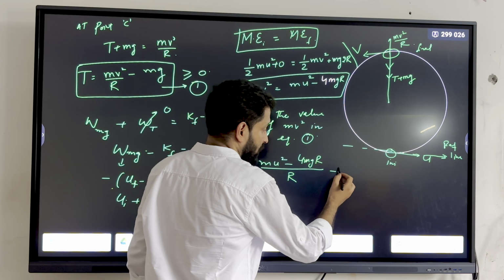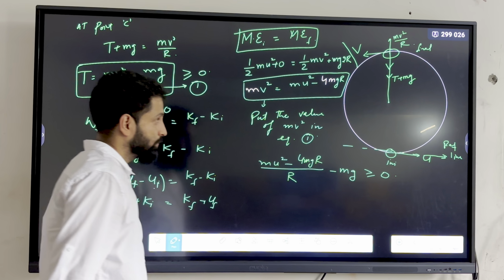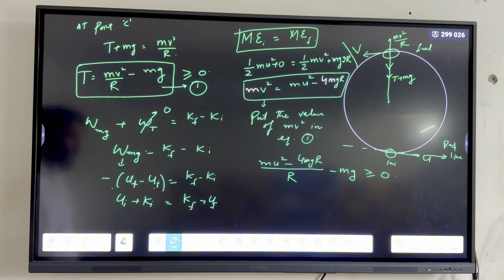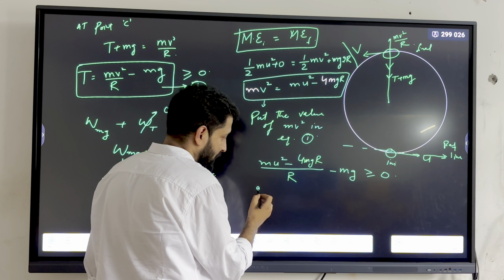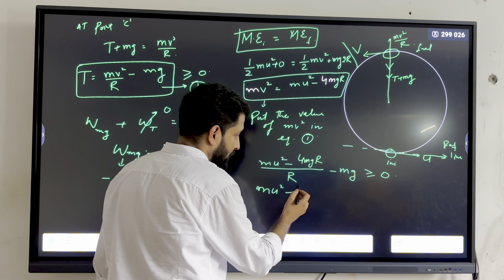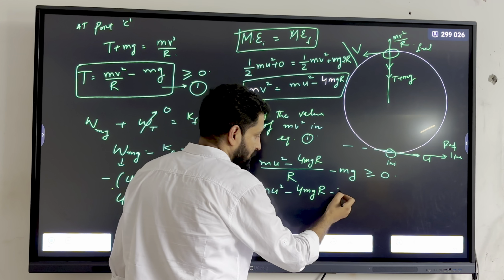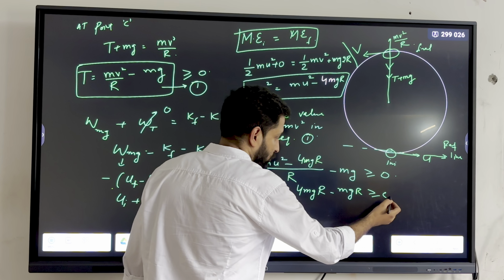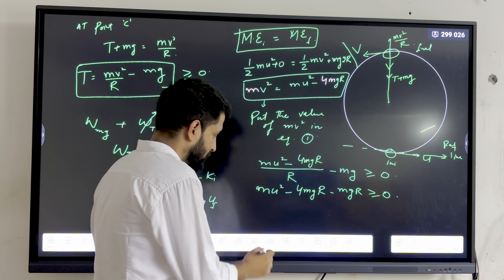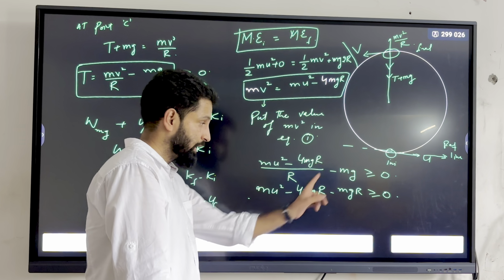minus m g should be greater than or equal to 0. Then this is r, so we can say that m u square minus 4 m g r minus m g r, r into that will be 0. So this comes out to be m u square minus 5 m g r should be greater than or equal to 0.